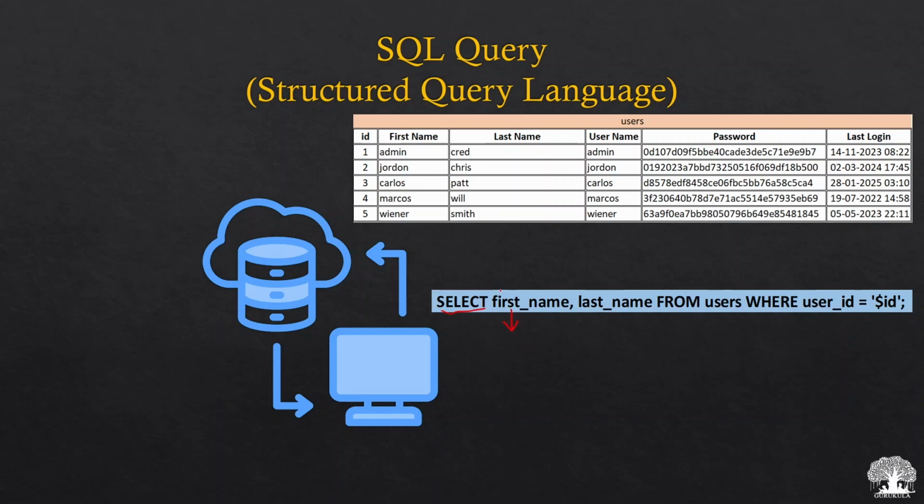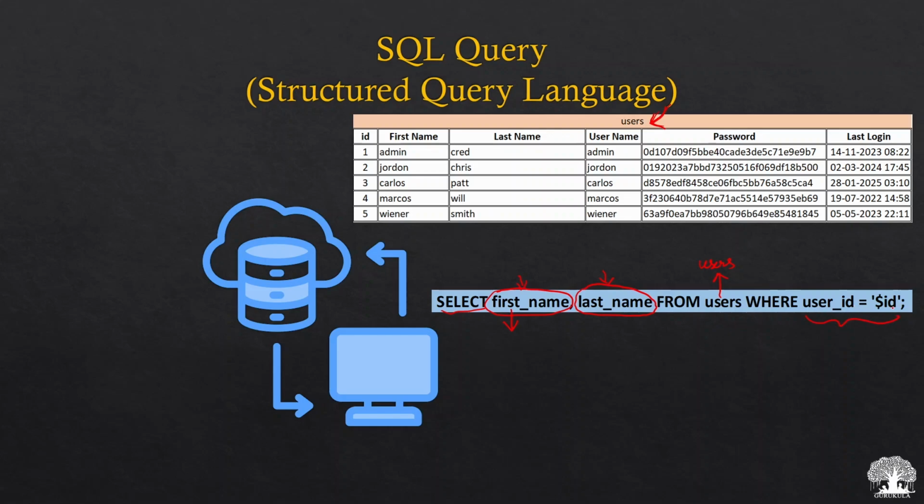We are asking for the first name and then the last name from the table called users. Here is the users table. From this table, we are asking the database to fetch only the two columns, first name and last name, and only when this particular condition is satisfied.